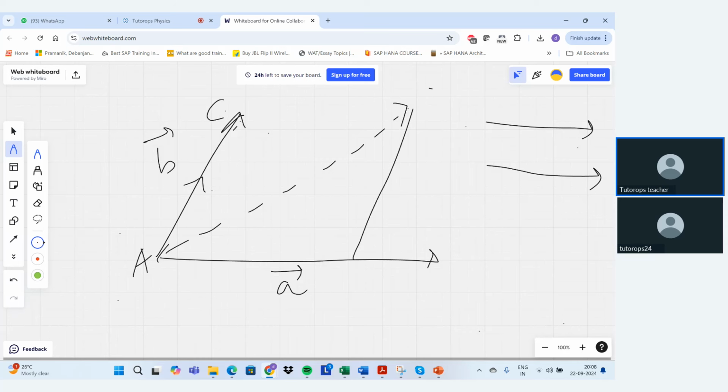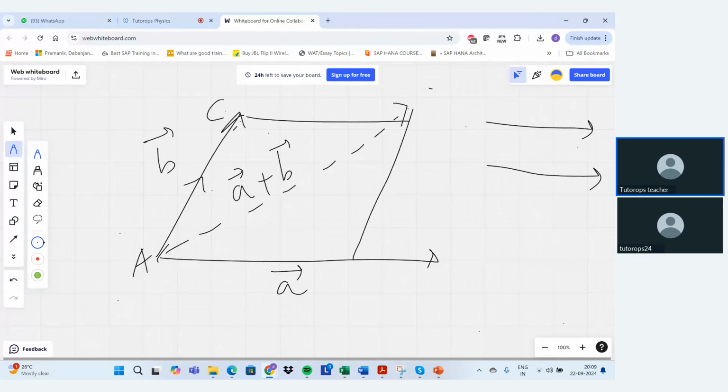This is my parallel. I am just completing the parallelogram. This is actually a parallelogram. Okay, so my main intent is to get the resultant vector. What is the value of the resultant vector?